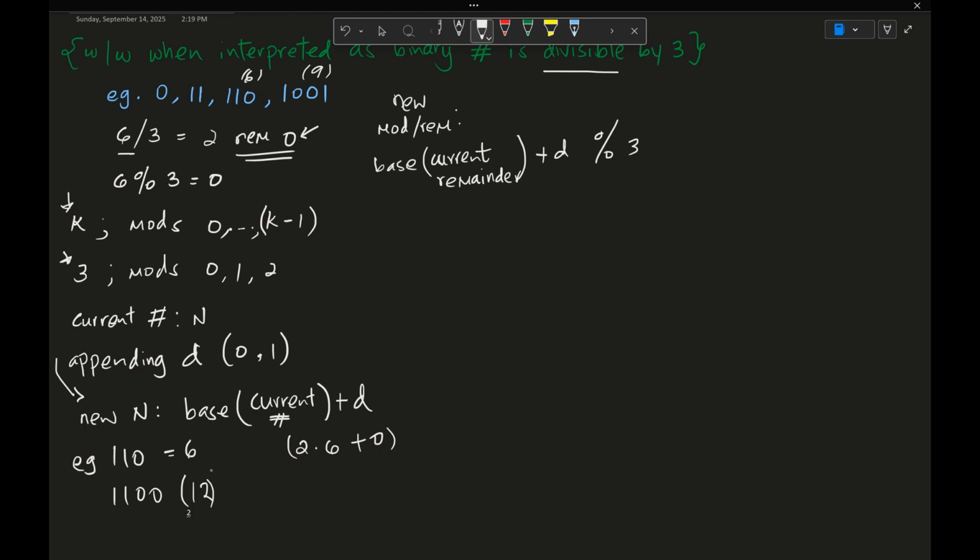Let's use this example, 6 and 12. The remainder for 6 was already 0, and the base is 2, plus 0, which results in 0 mod 3, which still equals 0.